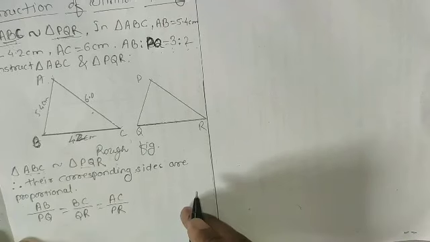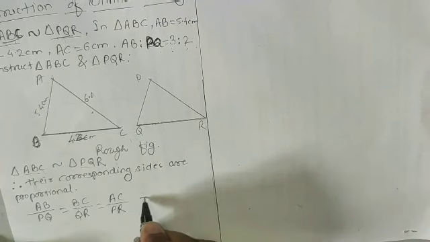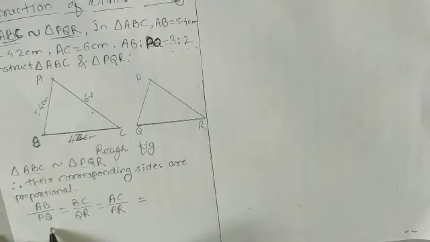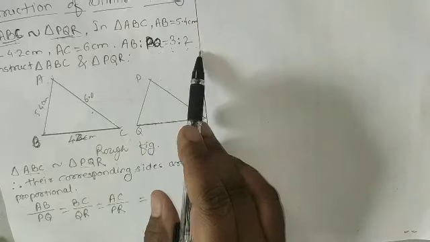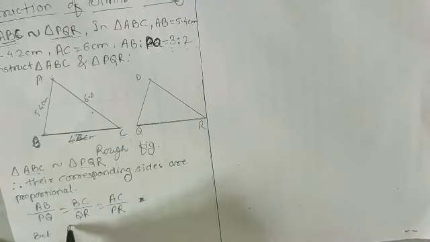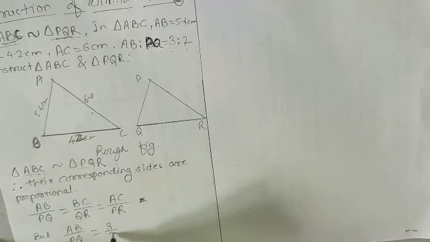So what do we have to do here? We have to put the values of AB, BC and AC in this. Here the ratio given is AB upon PQ equals 3 upon 2.